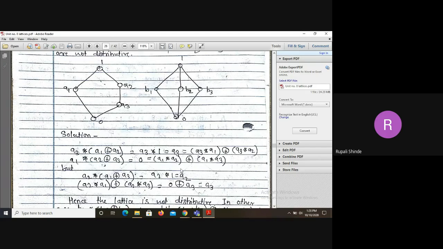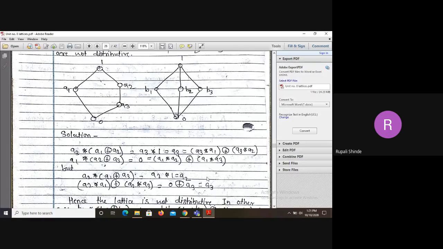Now check here. For LHS, we got the answer as A2. And when we apply the distributive property, we got the value as A3. So here A2 is not equal to A3. That's why this is not a distributive lattice, because for all pairs of elements it should give you the distributive property, like LHS equals RHS. The value for both sides should be the same.